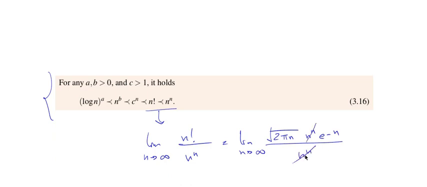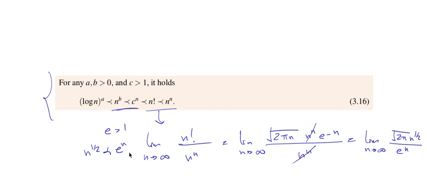Well, n to the n cancel each other out, and e to the minus n goes here, but this is just the limit when n goes to infinity of 2 pi n to the 1/2 over e to the n. But here it says that n to the b is negligible in comparison with c to the n. Well, here e is greater than 1, so we can say that n to the 1/2 is negligible in comparison to e to the n, which is what we are seeing here. So this limit is 0.